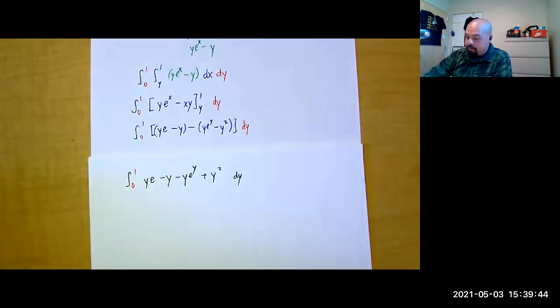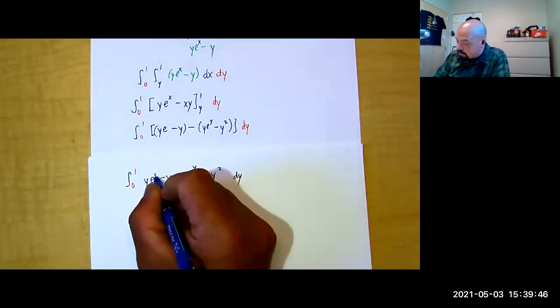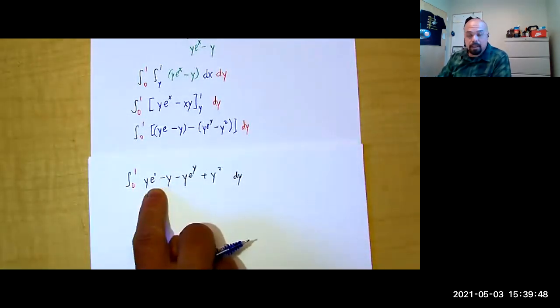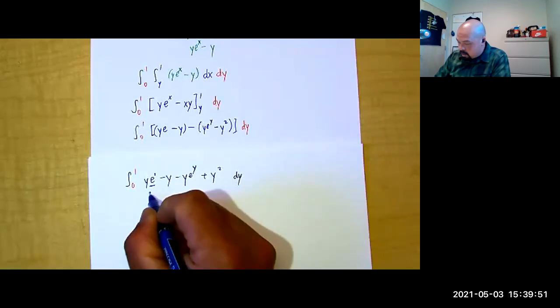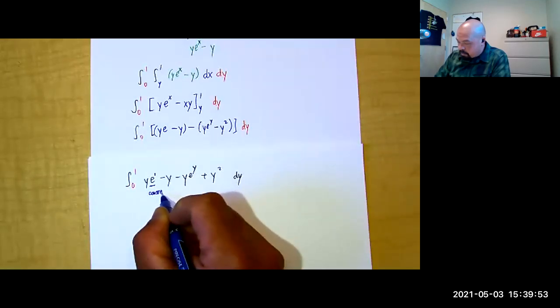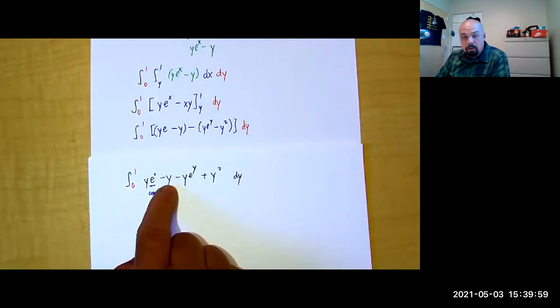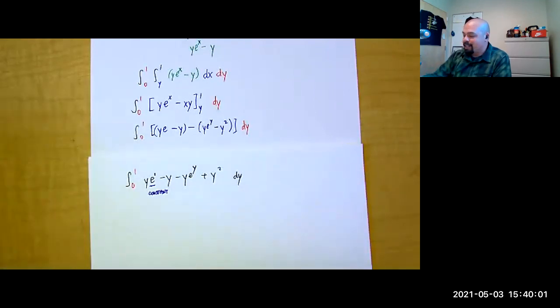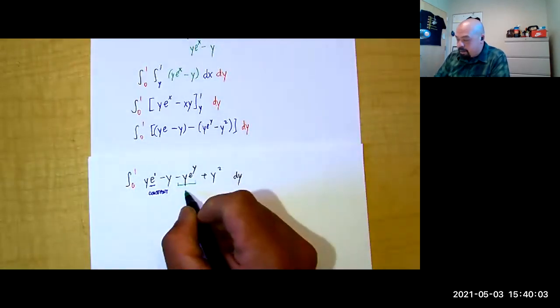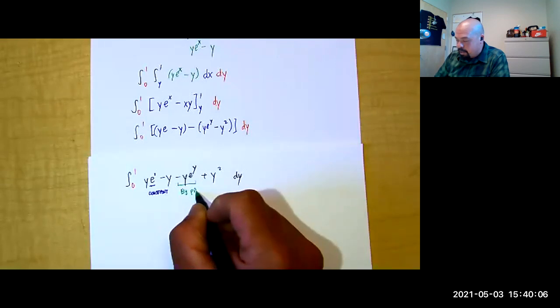And again, this is e to the first. That's just a constant. Okay. So this one, simple power rule, another simple power rule. The only one that's really going to take some thought, this one, we want to do by parts.